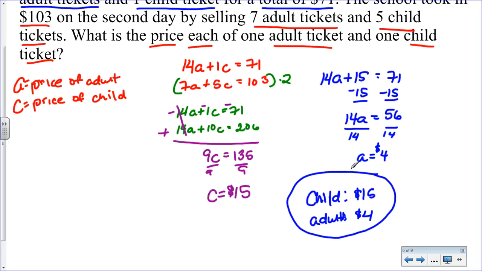So if we go back and plug this into the second equation, 7 times 4 plus 5 times 15, and make sure it gives me 103. So when I multiply these out, 7 times 4 is 28. 5 times 15 is 75, and 28 plus 75 is, in fact, 103.